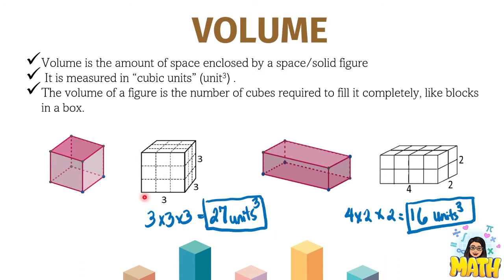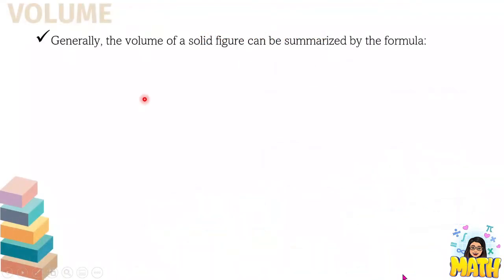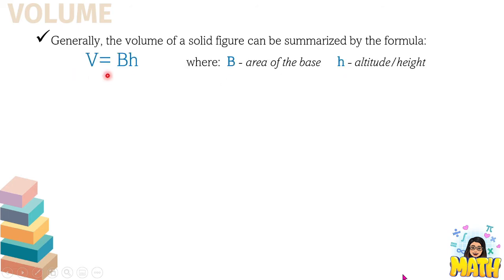Or another way, multiply the dimension of the base times its height. Generally, the volume of a solid figure can be summarized by the formula V equals B times H, where B is the area of the base and H is the altitude or height.